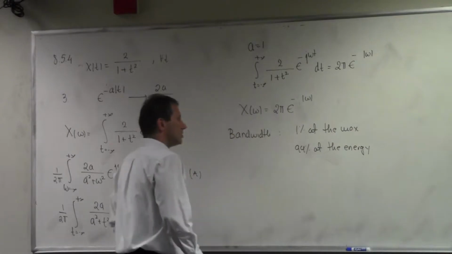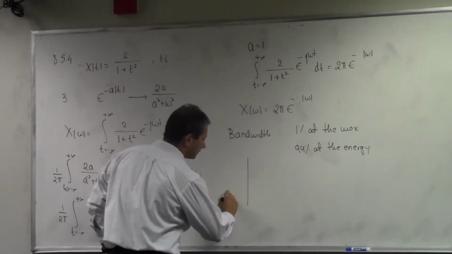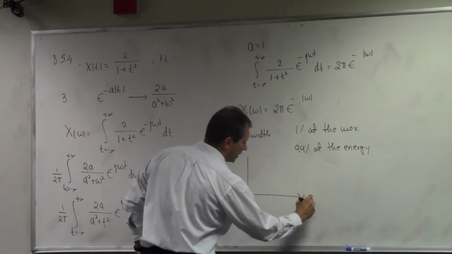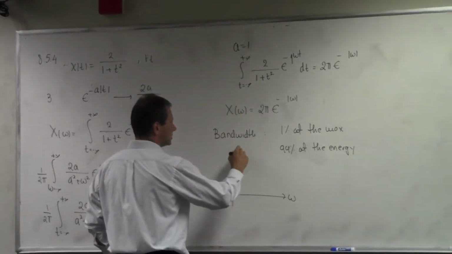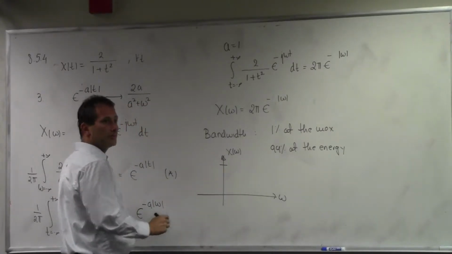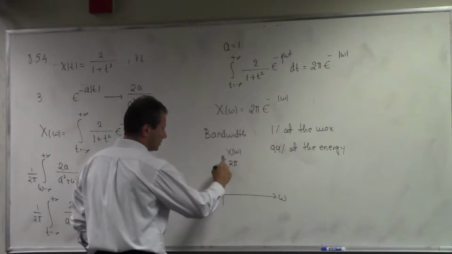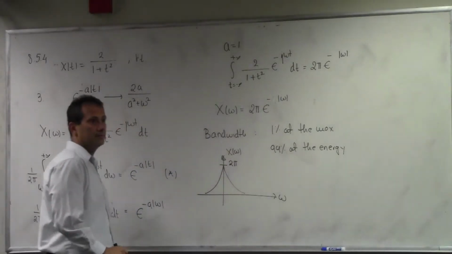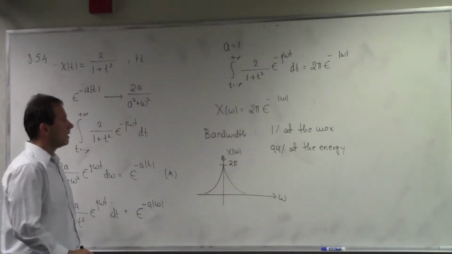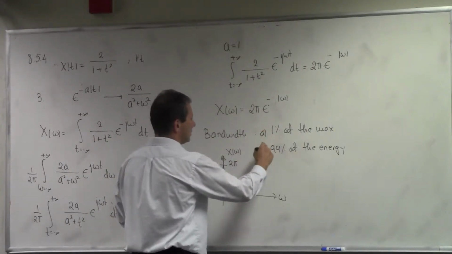So let's sketch this X of omega. This is omega, and this is X of omega. When omega is equal to 0, this is equal to 2 pi, and then it rolls off this way. Let's say this is part A, and this is part B.